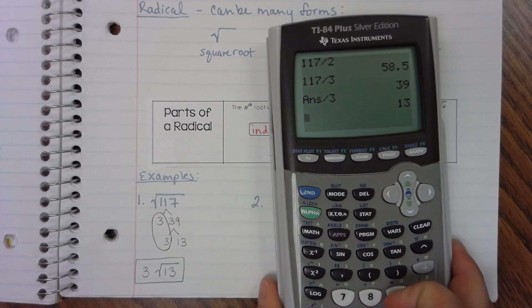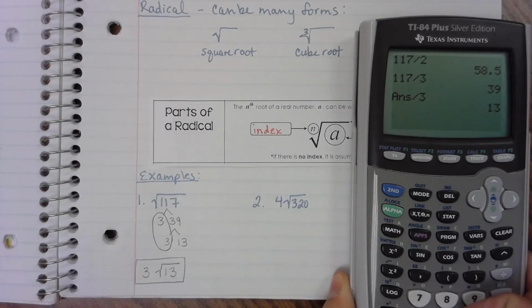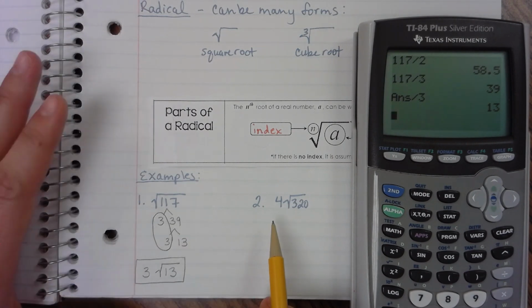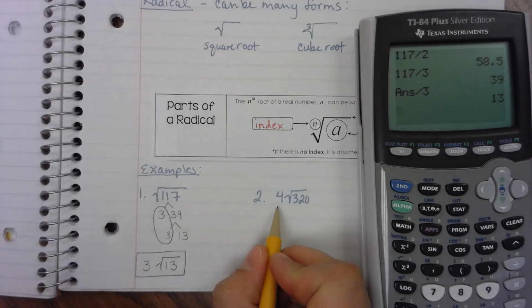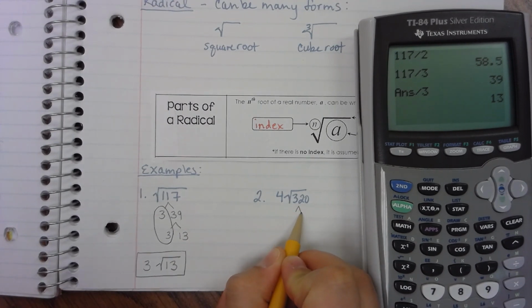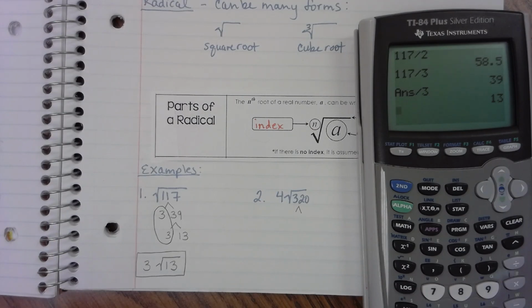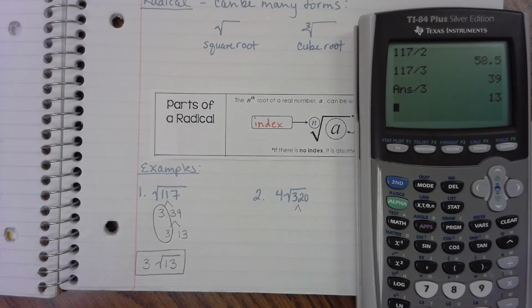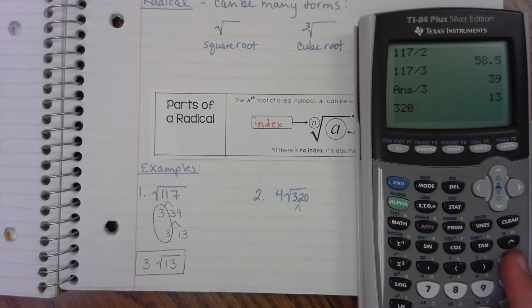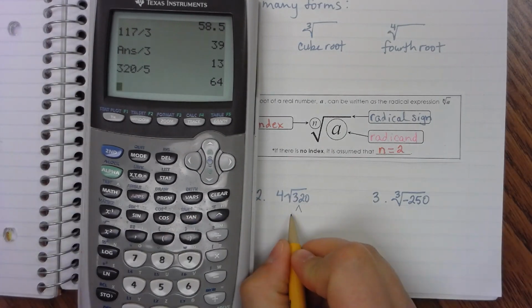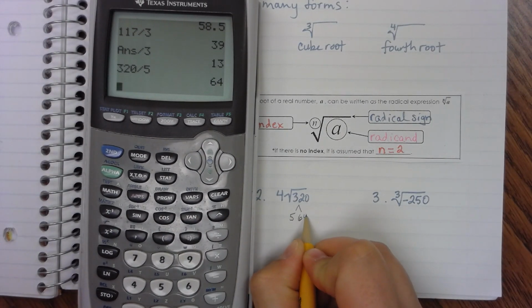We're going to use those same skills to come over here to example 2. This time around, I have a coefficient in front, and so that coefficient is going to stay. What I'm worried about is, what does this 320 simplify to? Because it ends in a 0, I know that it is divisible by 5. So I'm going to start 320 divided by 5, and I know that it is 5 times 64.